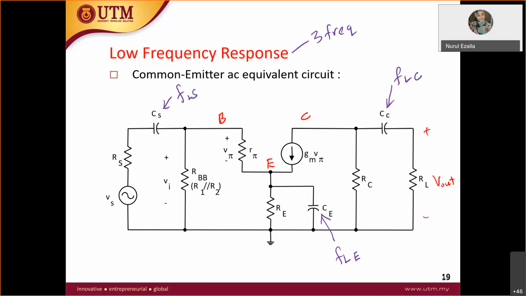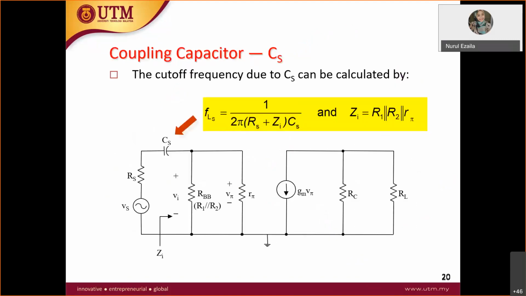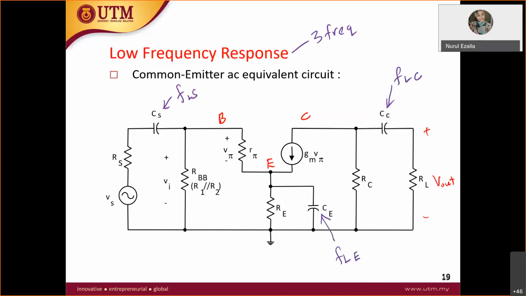So let's take a look at this one. Let's start first with FLS. When you want to analyze this FLS, the frequency referring to CS, what happens to the other capacitors? All of them will be short circuit.